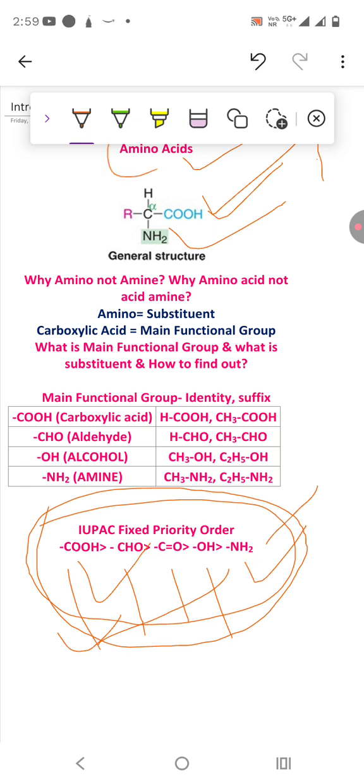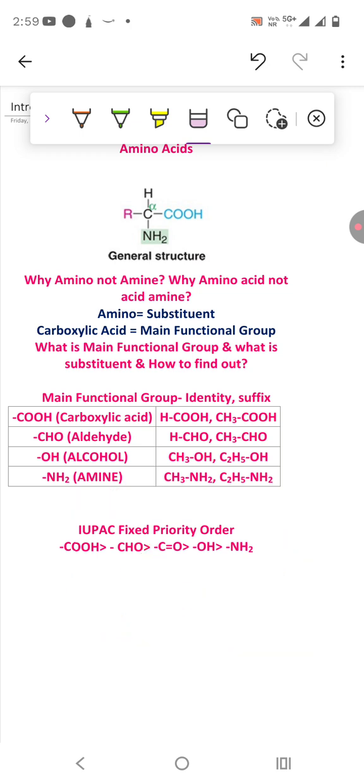So the amine here is a substituent. A substituent is anything other than the main functional group. Clear? That's why it is amino acid, not acid amine. Acid is the main functional group and amine is the substituent part.